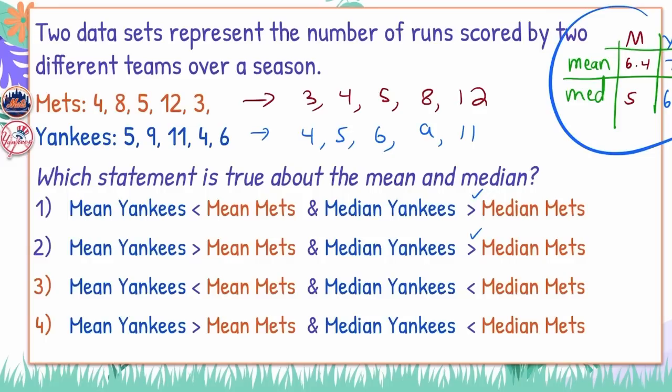So you can get rid of choices 3 and 4. And I know that the mean, which is the top one, of the Yankees is greater than the mean of the Mets. So I'm looking at choice 2. That was tricky because I was comparing data sets.